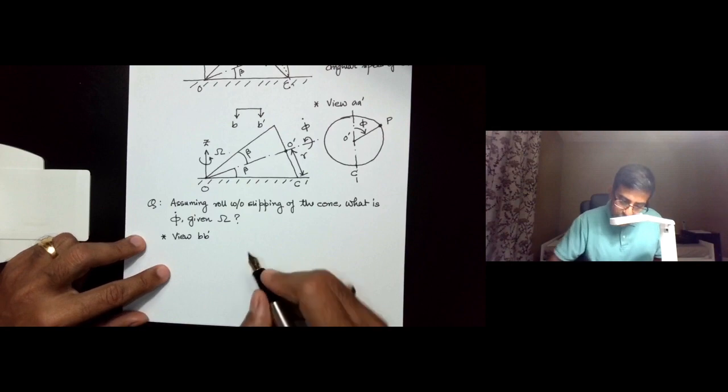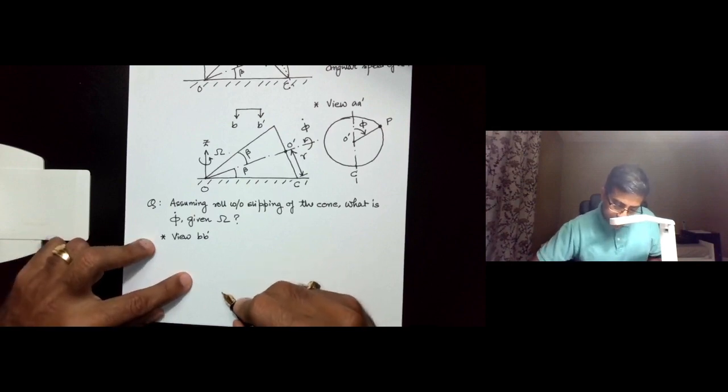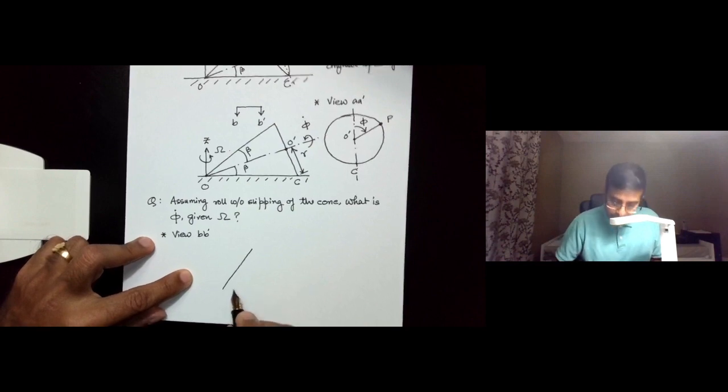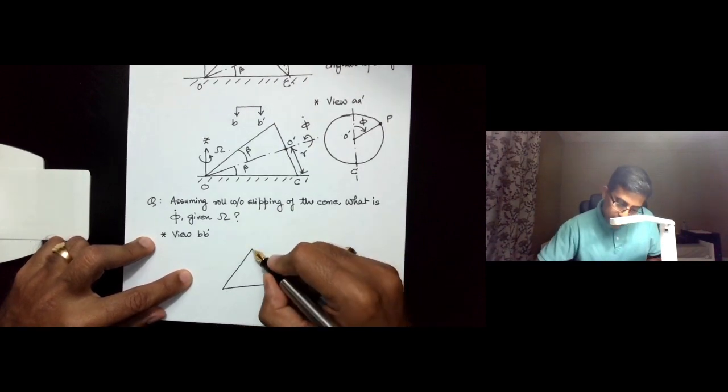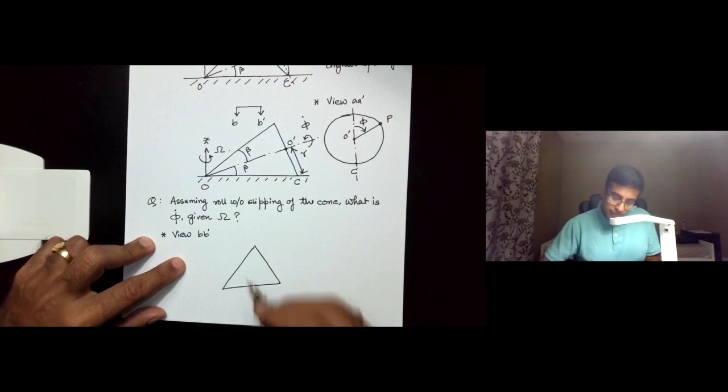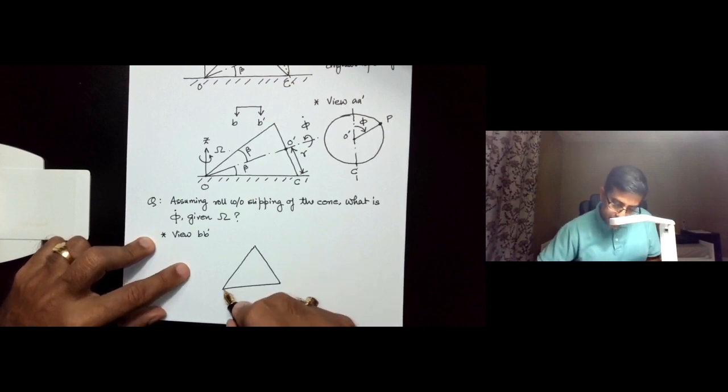Now that view is going to look somewhat like this. I would see the cone forming an isosceles triangle.